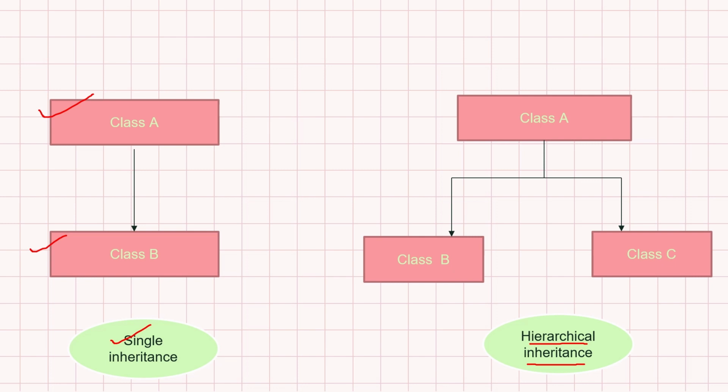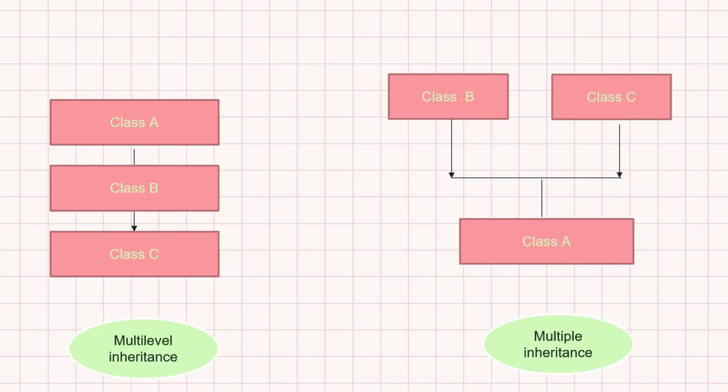Here we have just one parent class and two child classes. We will code it in the next video so that you can see how we derive one class into a number of child classes.